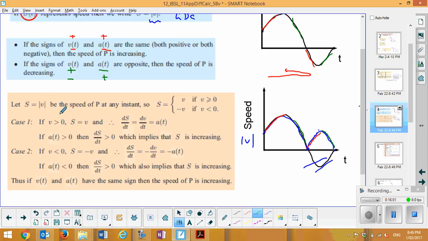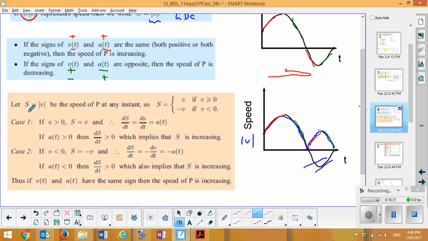This is very similar to what we've just talked about, where if it's positive velocity, then our speed is the same, and so the acceleration, if the acceleration is positive, which is what we had in this case, that means ds/dt is positive, so the change in the speed is positive, which implies the speed's increasing.